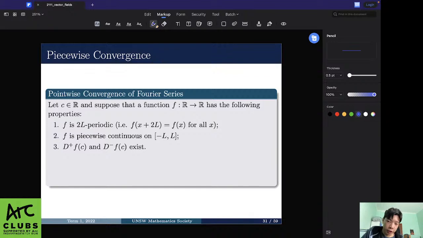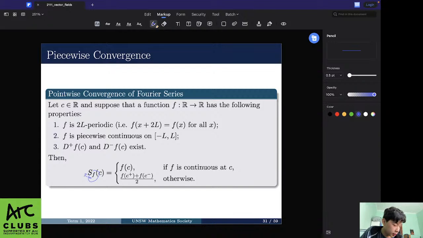Well, we have a couple conditions. If it's 2L periodic, if f is piecewise continuous within the range minus L to L, and if it's piecewise differentiable, then we can say that the Fourier series, so generally the Fourier series is represented as an S, and then we have a subscript f, which is the function that we're finding the Fourier series of.